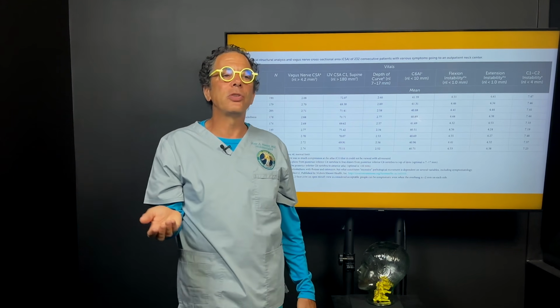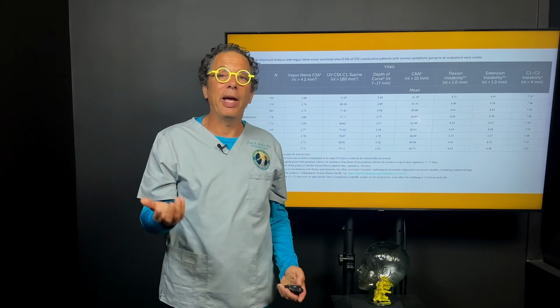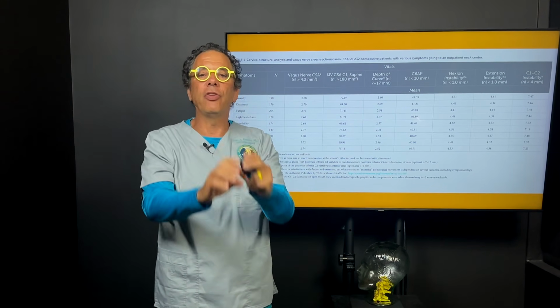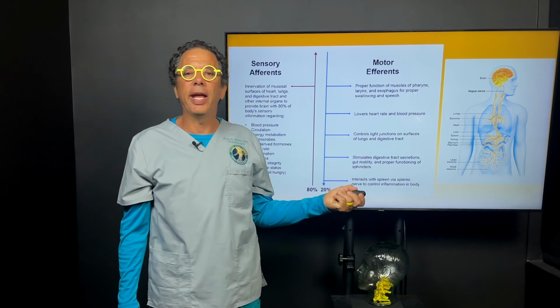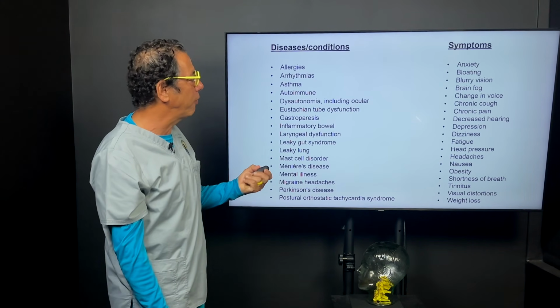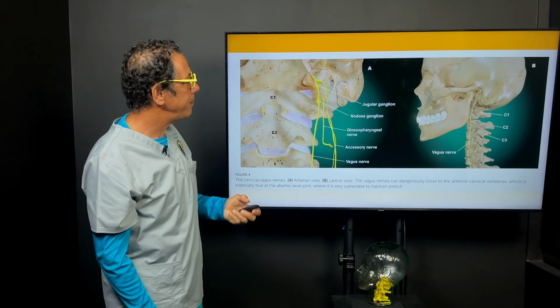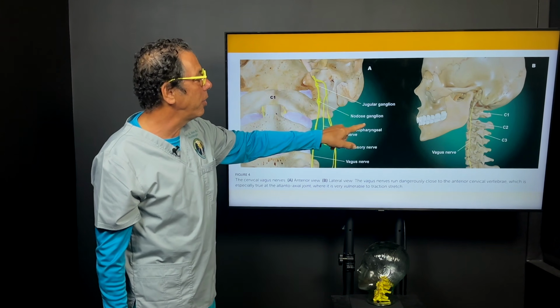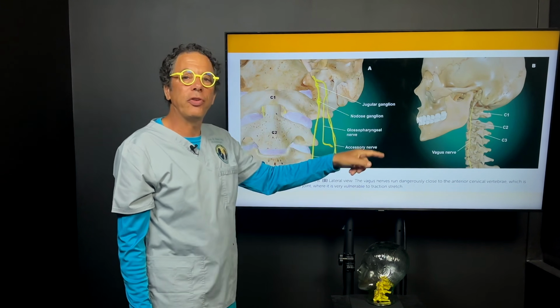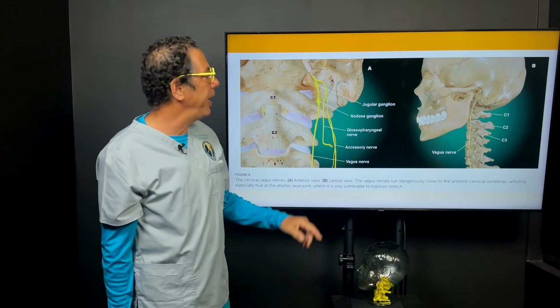So the average person that came in probably has 40% of their vagus neurons no longer there. They're gone. And they're only going to get restored if you decrease the force on them. Okay, this shows the jugular ganglion and the nodose ganglion, that's where the DNA of the vagus is.